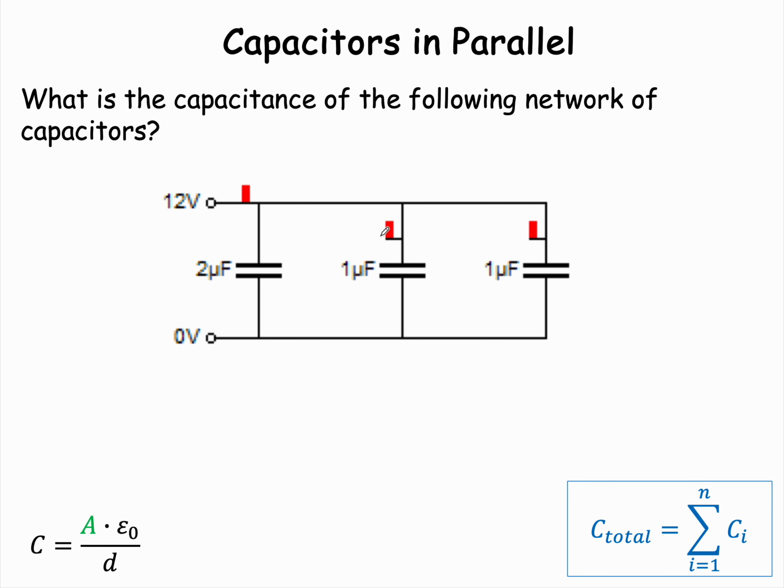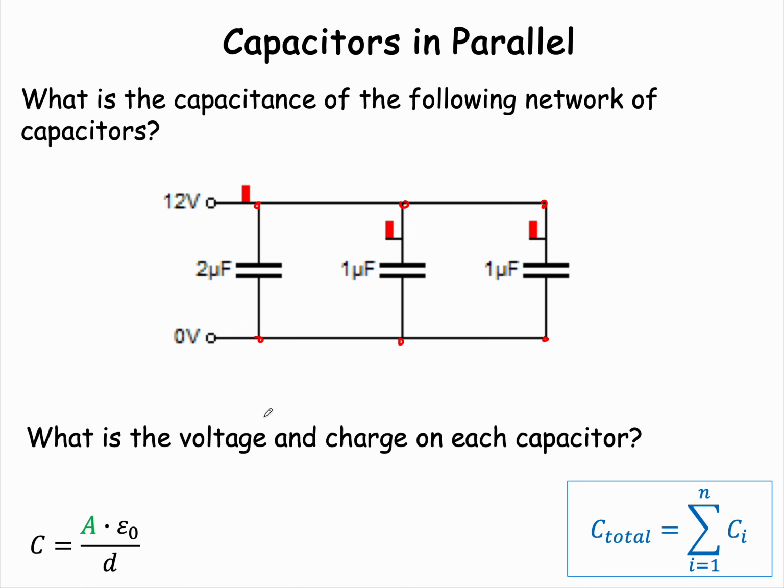So take a look at this one. What's the total capacitance of these three capacitors? Well, if you notice, they're all connected side by side, where the leads of all three of them are connected together up top, and the other leads of all three of them are connected down below. So what's the total capacitance of this? Well, I should actually do a little bit more on this one.